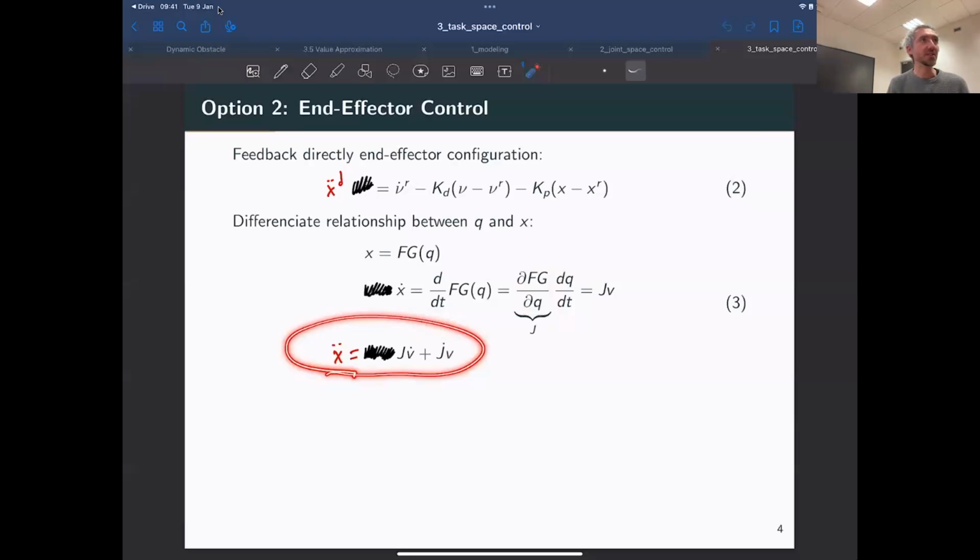We take another derivative, so we get acceleration equals J v dot plus J dot v. Yeah, I see what I did. I replaced that weird v with this more familiar x double dot, which just simplifies the notation a bit, so it's more clear that that's an acceleration.